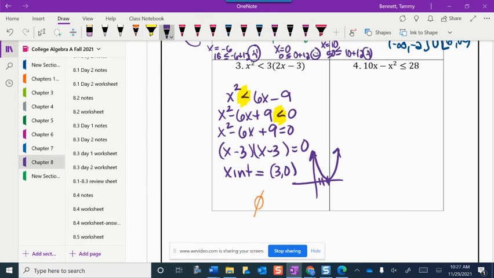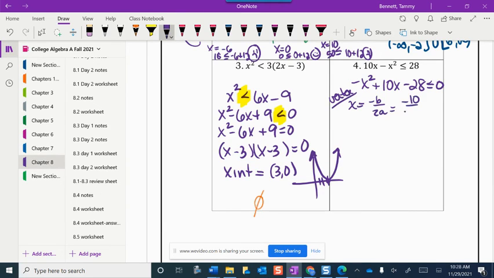Last one here, so let's say negative x squared plus 10x, let's rewrite it, minus 28 less than or equal to 0. So let's factor out a negative here, which means I get x squared minus 10x plus 28. Can I factor that? No, so I'm going to undo this. Let's do vertex. So the vertex is x equals negative b over 2a.